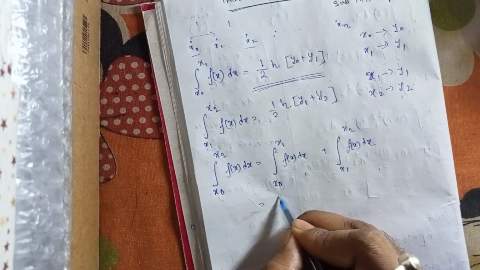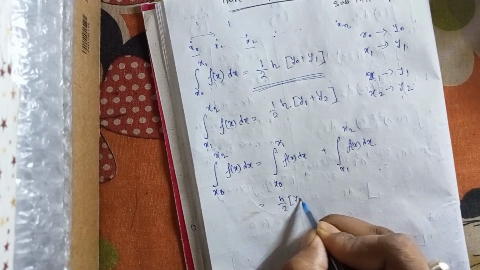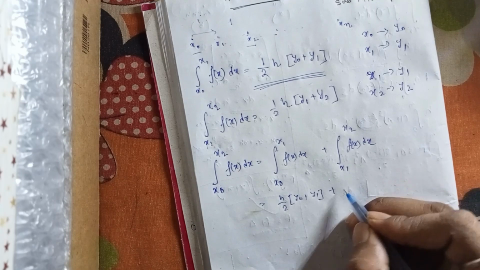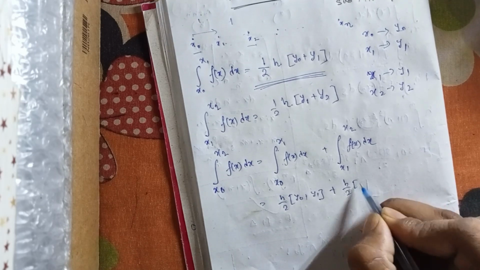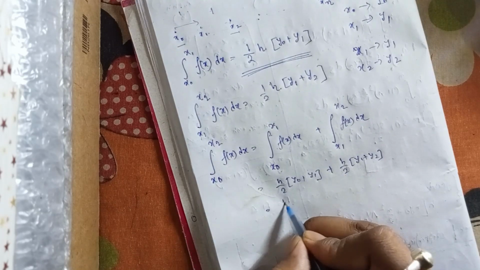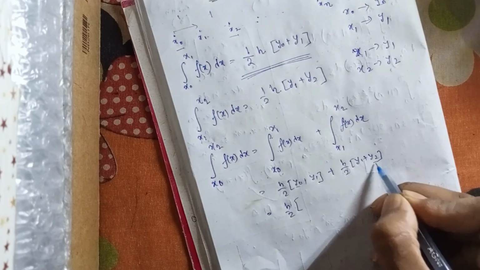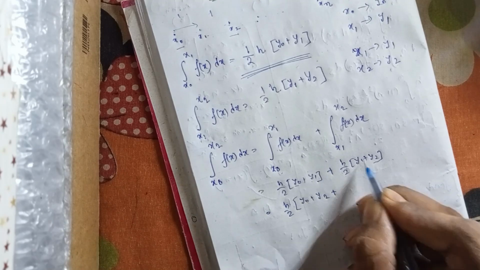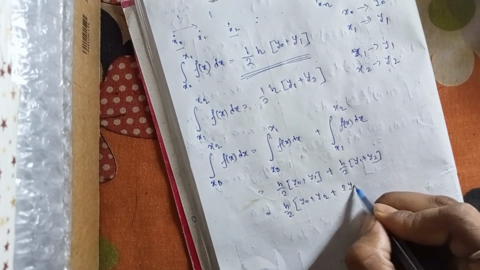So by this way, h by 2 y0 plus y1 plus h by 2 y1 plus y2. See, the last two are separate, means y0 and y2, plus y1 is repeated, so 2 into y1.